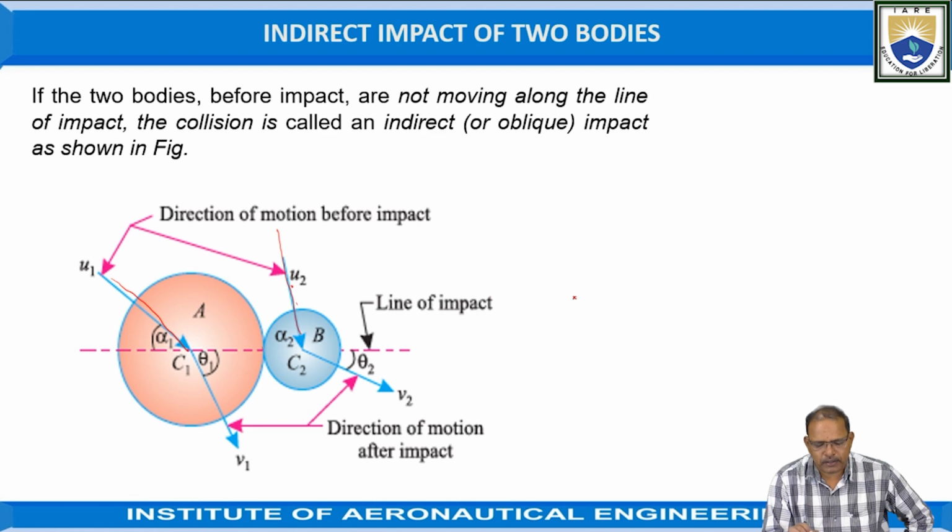So this type of impact is called indirect impact. It is also called oblique impact. That is, the two bodies are not moving in the same line before the collision.